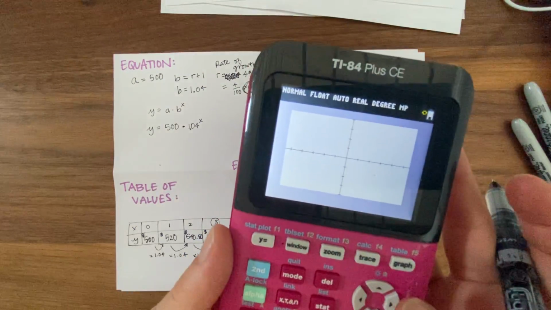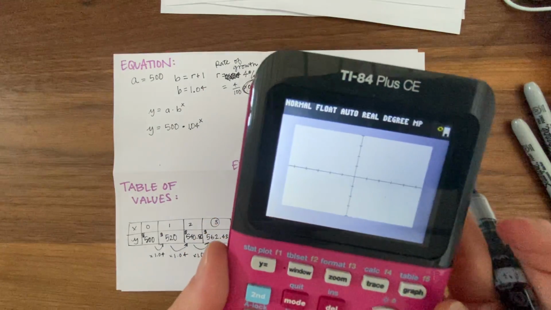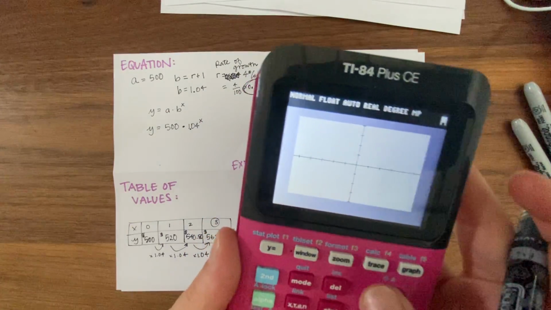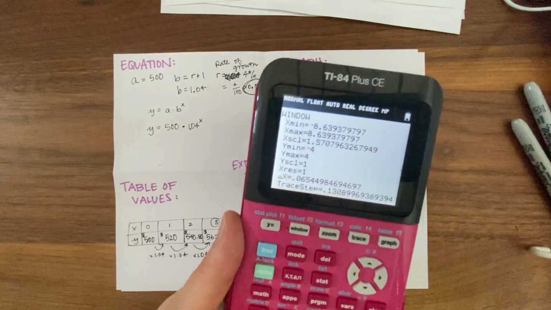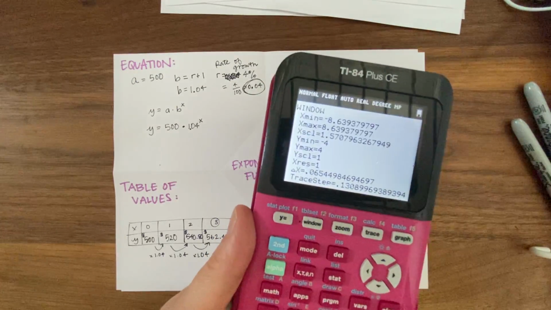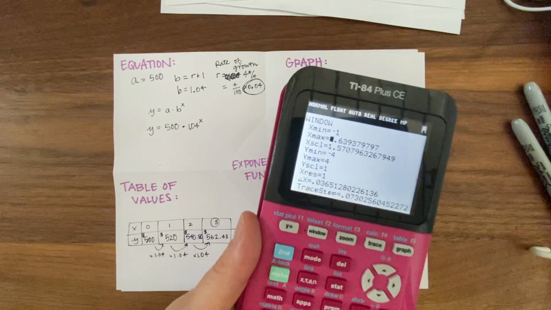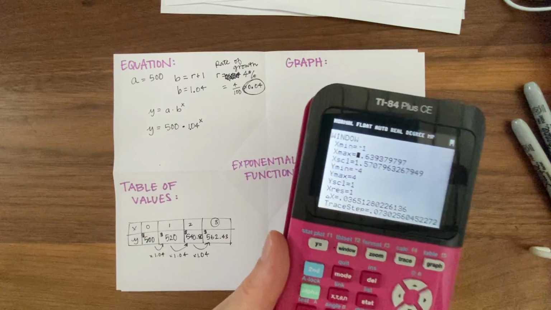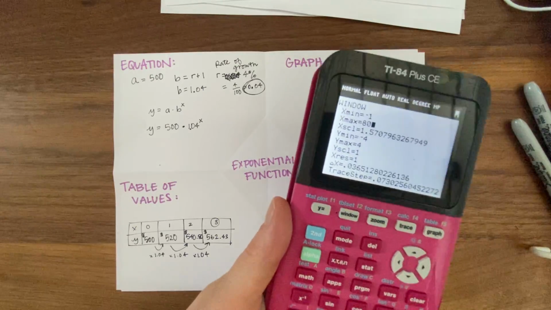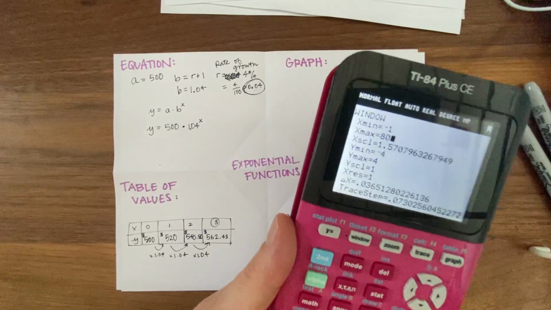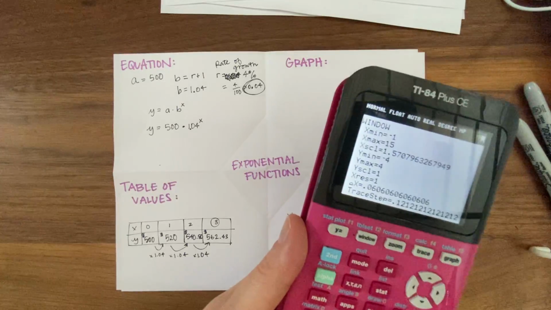Mine isn't the appropriate window, so these TI-84s are actually quite clunky. So I'm going to change my window. My x minimum is -1 and my x maximum is, let's do 15.